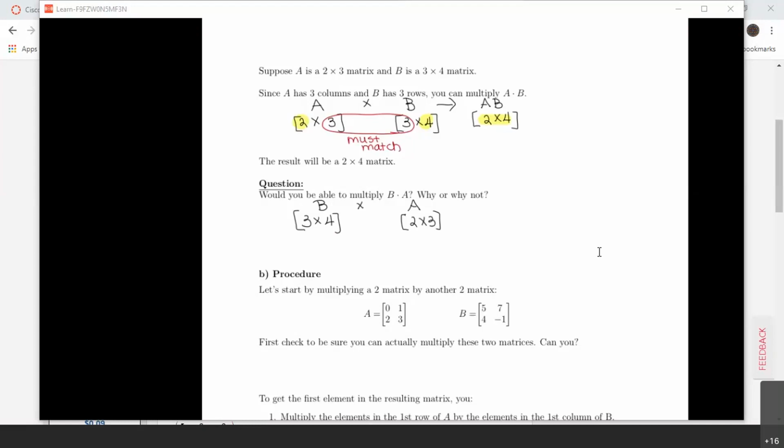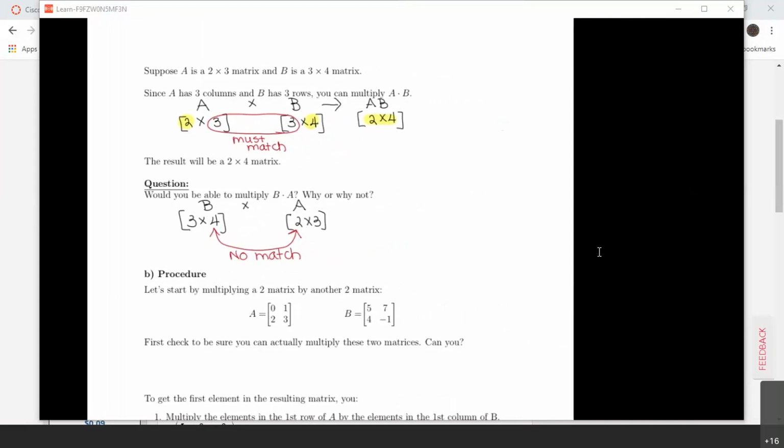Good, good. No, it won't, because we have no match. Again, it's because the number of rows in the second matrix isn't matching the number of columns in the first. You can see that here, and I've showed you that with my picture.